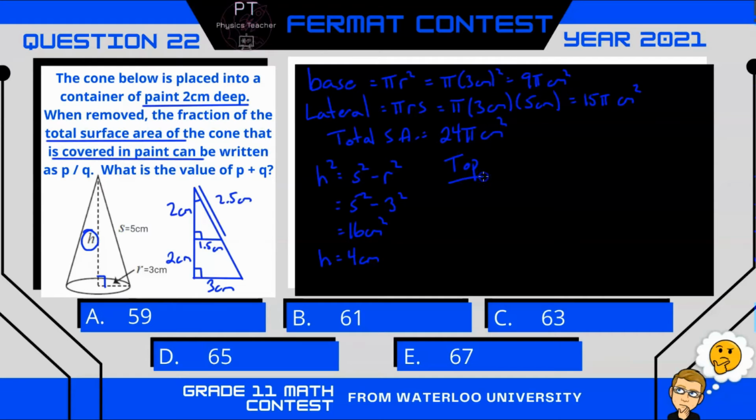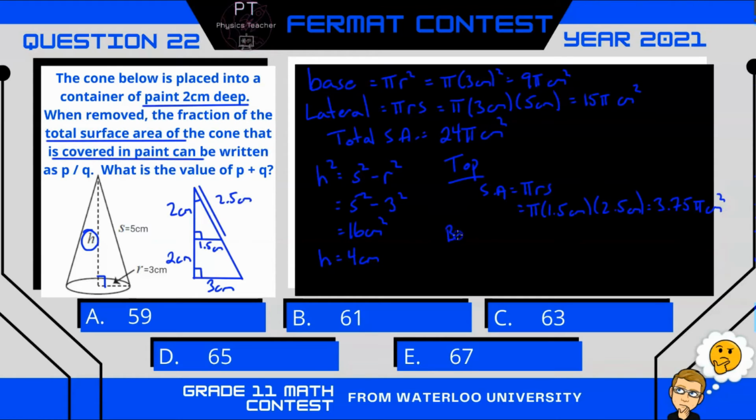So the top portion is just a smaller cone in itself. So the lateral surface area would be pi r s, where r is 1.5 centimeters and s is 2.5 centimeters, which gives us a surface area of 3.75 pi square centimeters.